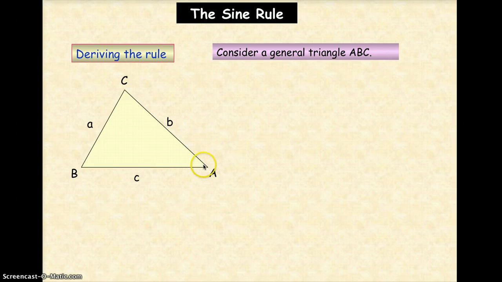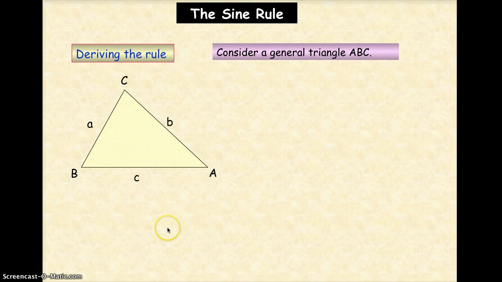If this is your angle A, its opposite, its corresponding side, is side A. This angle is B, so its opposite side is side B. This is angle C, and its opposite is its corresponding side, and it should be labeled C.